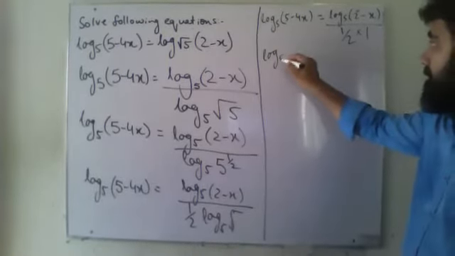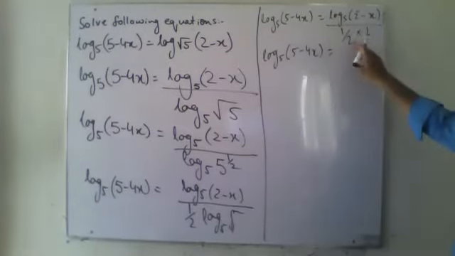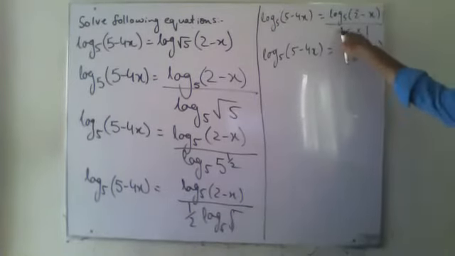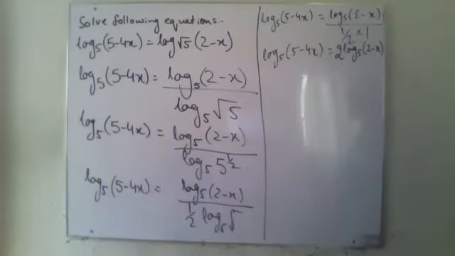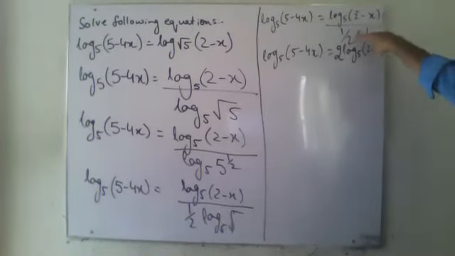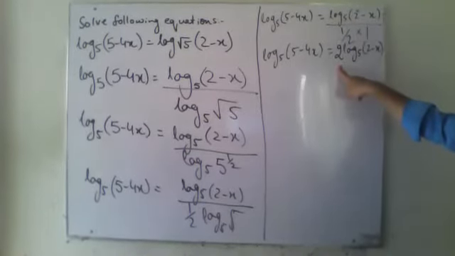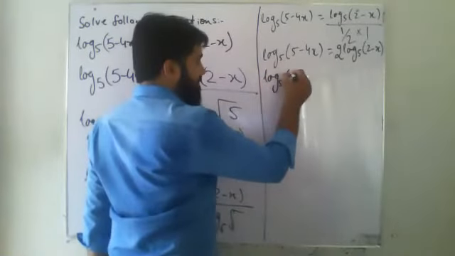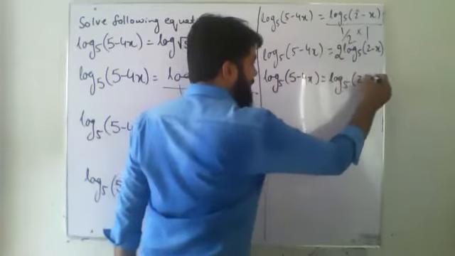Log base 5 of (5 minus 4x) equals log base 5 of (2 minus x) divided by 1 over 2. When I simplify it, this 2 is shifted over here. This 2, written in the denominator of another fraction, when shifted, is written like this.